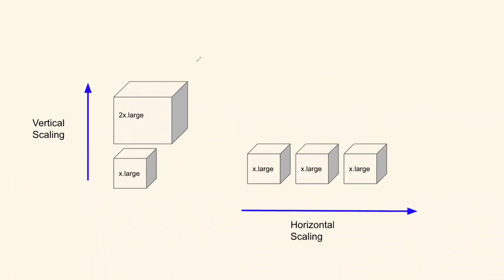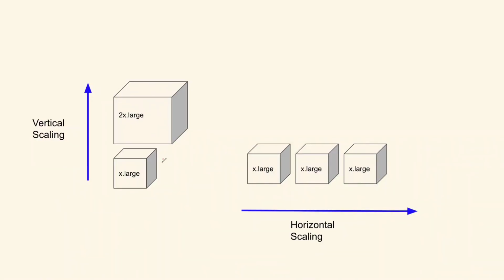Here is the best representation that I can come up with for explaining vertical scaling and horizontal scaling. By seeing this representation, I believe you already have understood what this is, but let me go ahead and explain this once more.